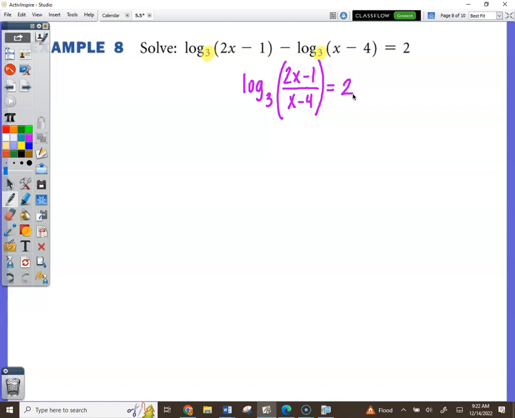What's the base of the log? All right. What's the exponent going to be? And then equals the argument of the log. Now, what is 3 squared, y'all? 9. Okay. So when I write this, that's where the 9 came from.